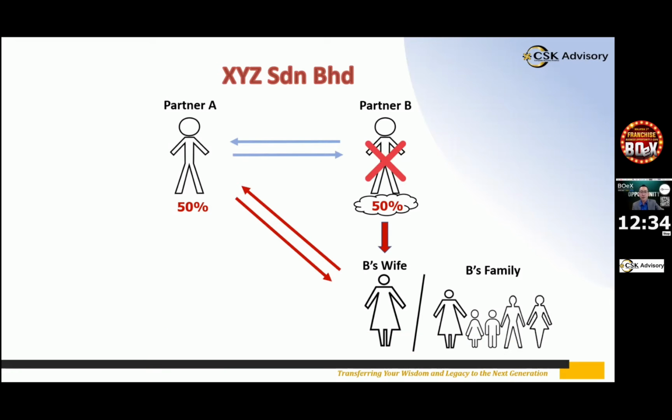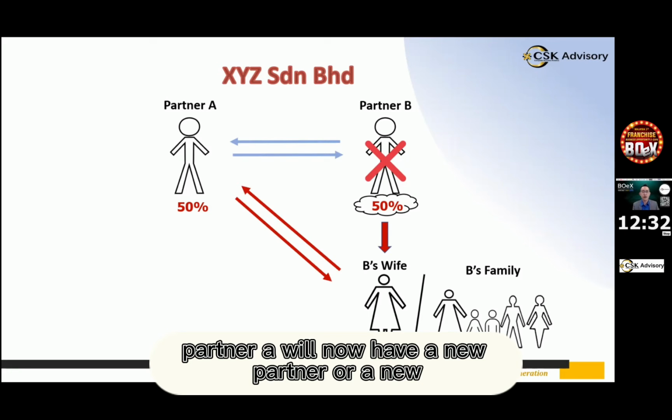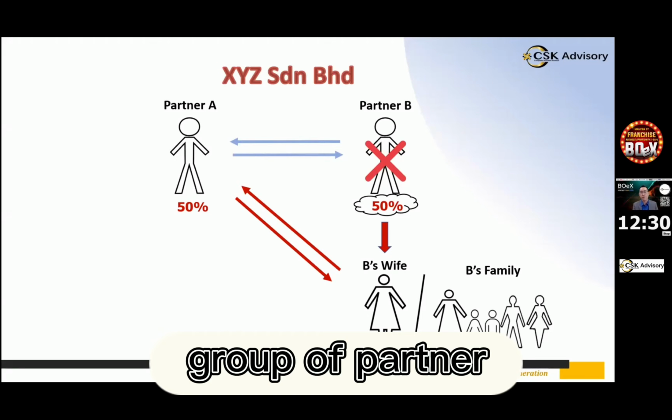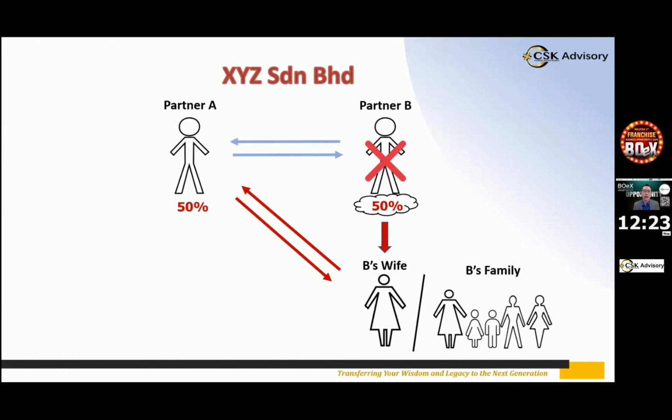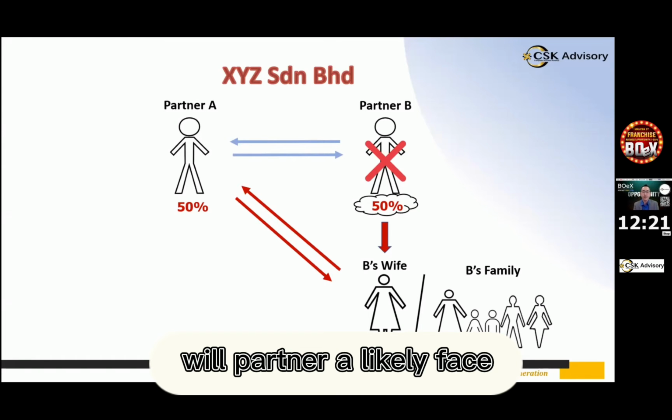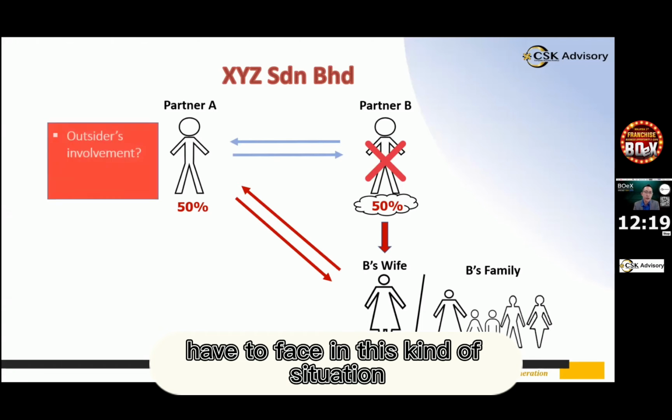So therefore, partner A will now have a new partner or a group of new partners for his business XYZ Sdn Bhd. So what will partner A likely have to face in this kind of situation?